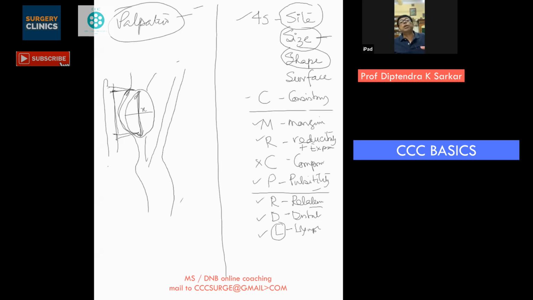But when you are palpating it, it can no longer be just a circular swelling. You're going to describe, sir, this is an oval swelling or a pyriform shaped swelling. So you are adding a three-dimensional description when you are palpating a swelling, whereas on inspection, it is purely a two-dimensional description. Clear?